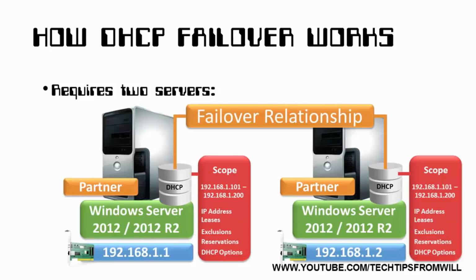It is worth noting at this point that you can have multiple scopes added to a single failover relationship if you wanted. The end result is two DHCP servers that both contain an identical copy of the DHCP scope in their local database.